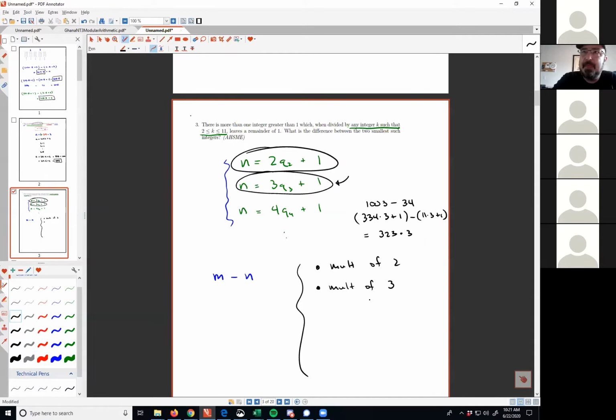Thank you. David, if both of these numbers leave a remainder of 1 when divided by 4, what do we know about their difference? It's going to be a multiple of 4. Good. If they have the same remainder when we divide by 4, their difference is a multiple of 4. And Telvin, if both of these numbers are one more than a multiple of 5, what do we know about their difference?